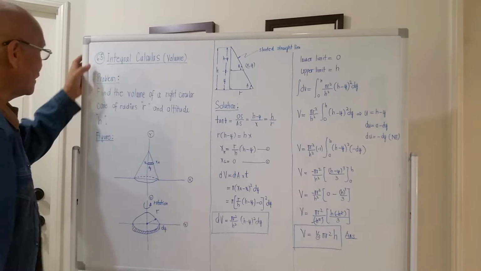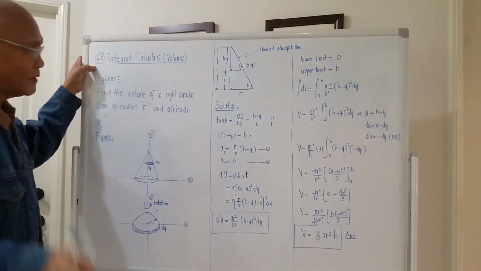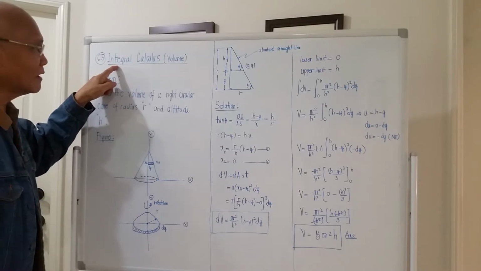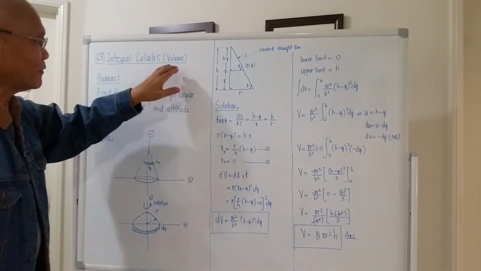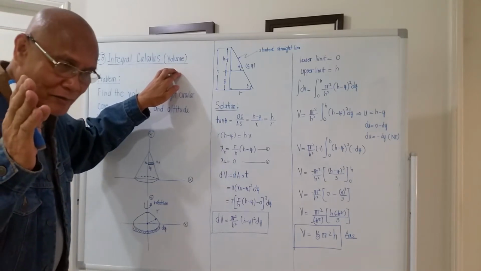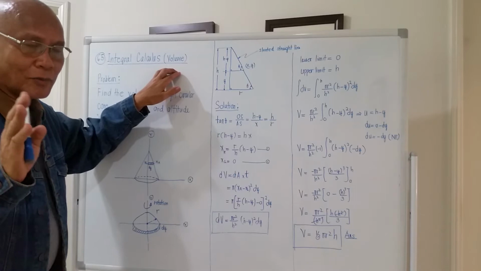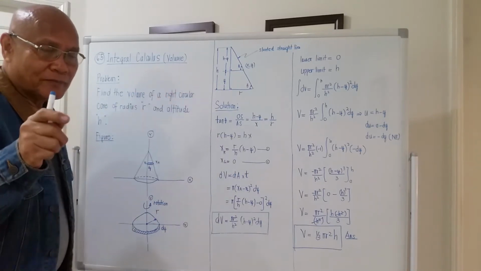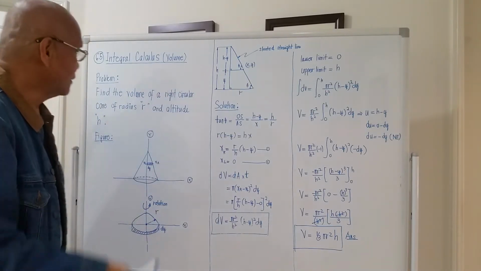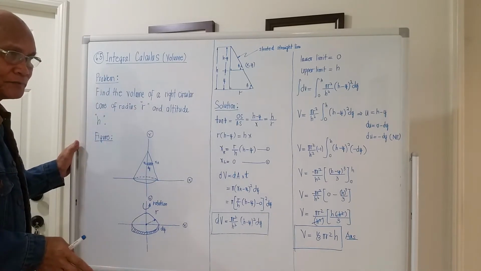This is now my lesson number 65 under my topic integral calculus on my channel, and the subtopic is volume, and the classification is still under computation of volume using circular disc method. I will give you another example problem.